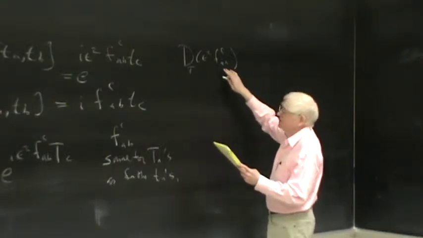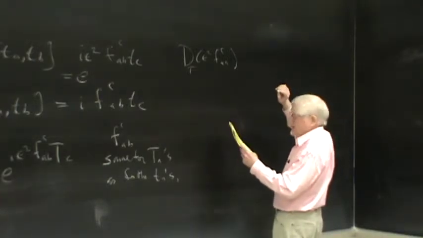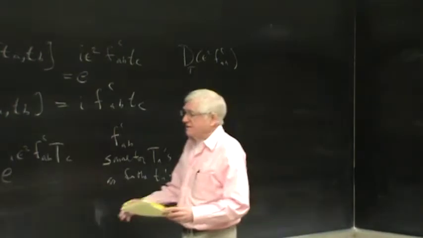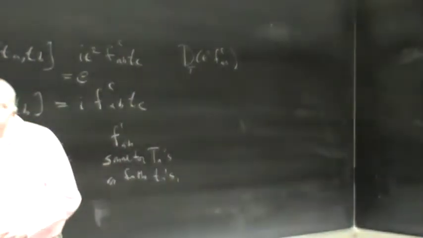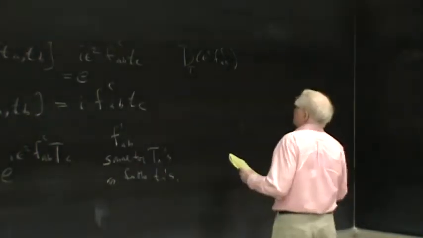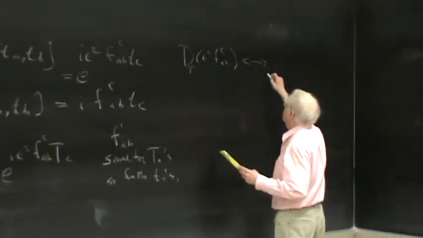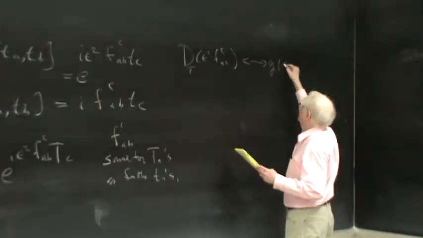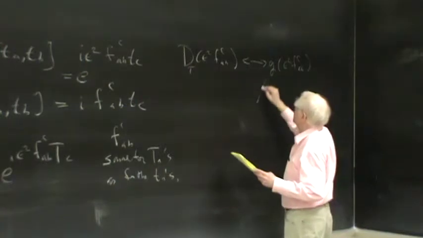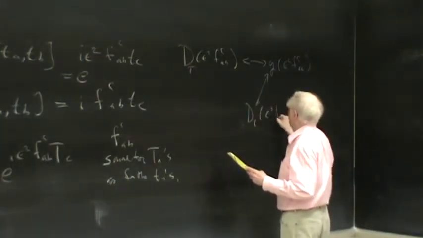That is the C element. When you have this particular product of the group elements, this thing has to point to the same group element, g of epsilon squared c_ab, which points to the little t epsilon squared c_ab.